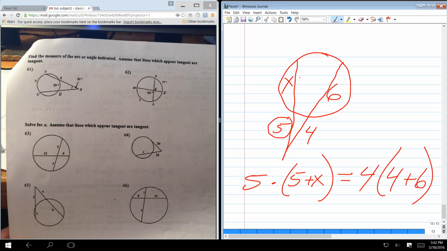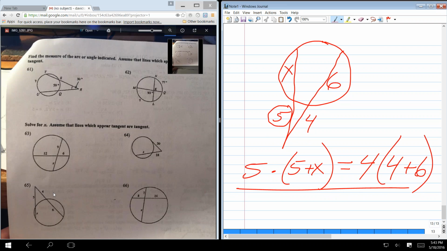It's 5 times the length of that secant line equals 4 times the length of this secant line. So now you still end up with an equation with only one variable, and you have to solve that to do number 65.